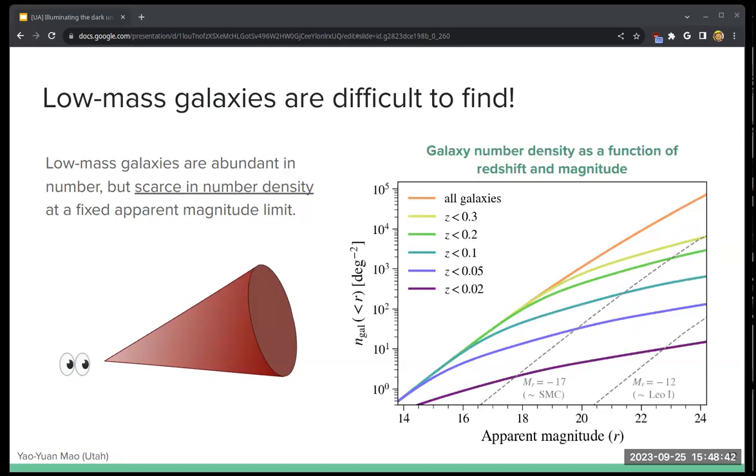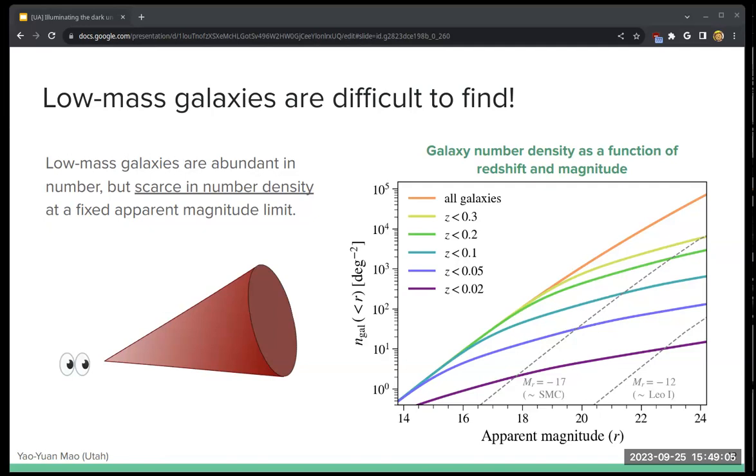If I put that into numbers, for example, if you have a survey with a limiting magnitude of, say, 18, which is roughly SDSS's main galaxy survey, then per square degree you only have about 1 galaxy within redshift less than 0.02. But the total number of galaxies you can see is about 200.